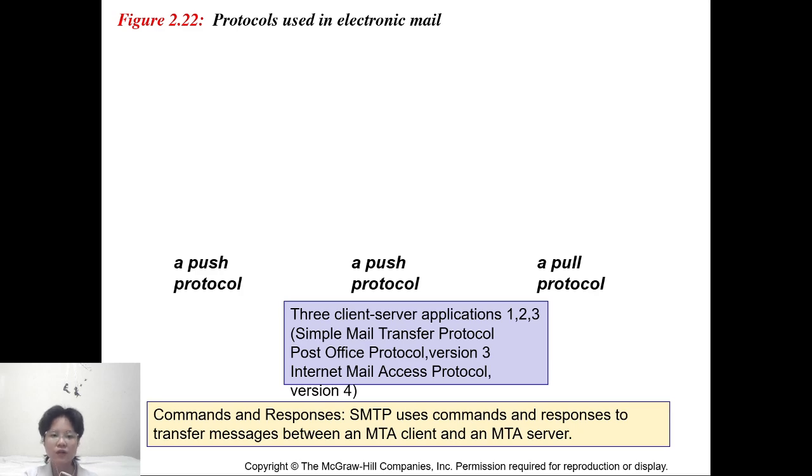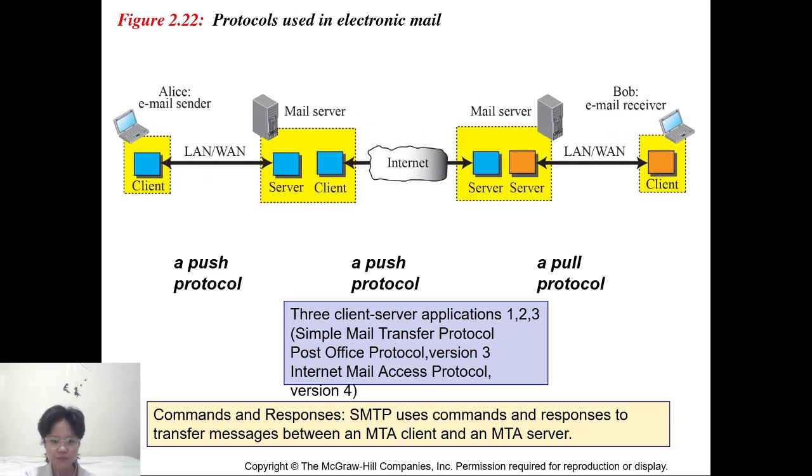And in figure 2.72, the protocols used in electronic mail. About the protocol, command and response: SMTP uses command and response to transfer messages between an MTA client and MTA server. You can see there is a push protocol and a pull protocol.